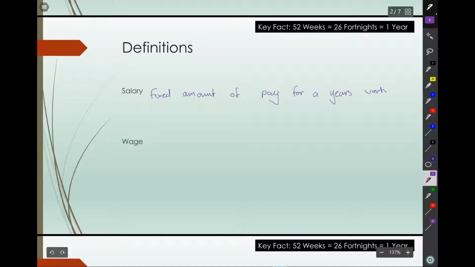For instance, weekly, fortnightly, or monthly. And the difference with what a wage is, a wage is when you are paid at the end of the week or the end of the fortnight based on how many hours you worked.